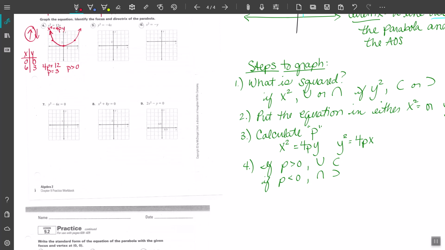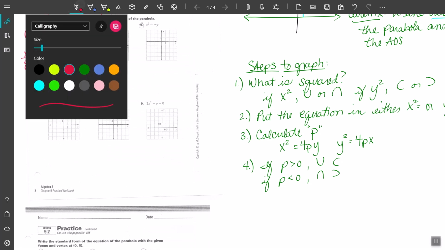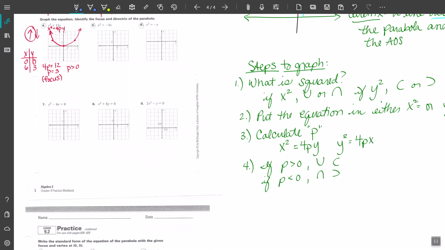So this p right here is giving us the point where the focus is going to be placed on the axis of symmetry. So if my axis of symmetry, like we said before, is right here on the y-axis at x equals 0, then my focus is going to be right here at the point 0, comma 3.